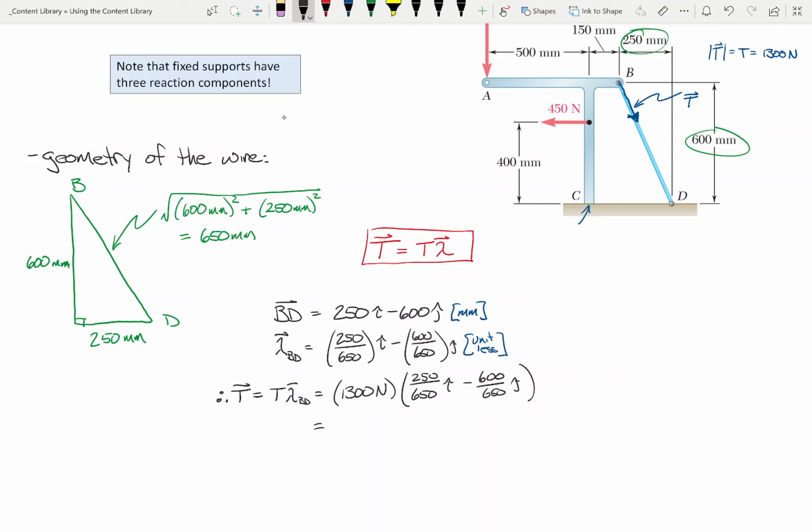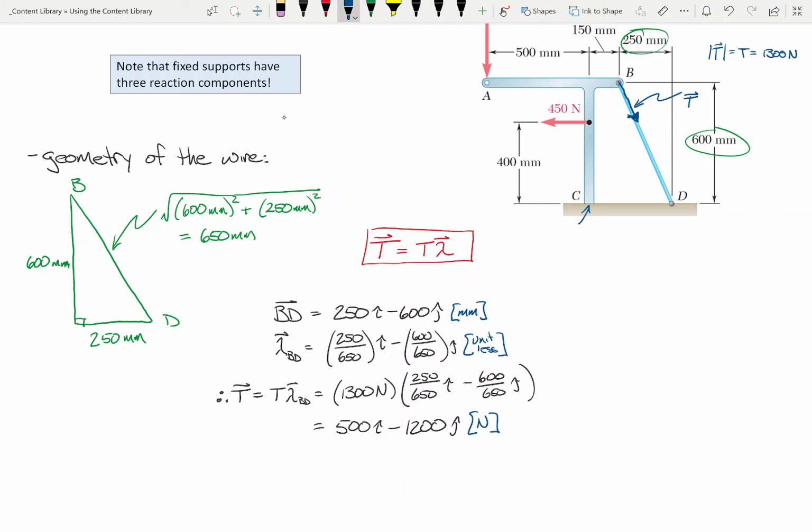So that's going to be 500 I. When you chug this out, it's 1300 times 250 over 650, which is 500, minus 1300 times 600 over 650, which is 1200.